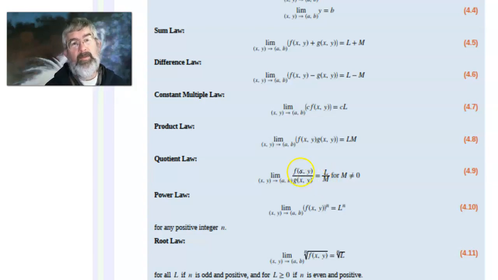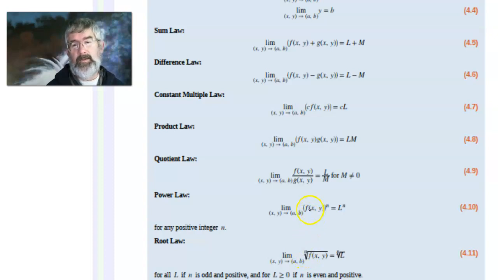But if L and M are neither of them 0, particularly if M is not 0, then this limit exists and it's the quotient of those two. This one is saying that you can take the limit of a function raised to a power and just raise the limit to the power. This is no different, it's just that you're taking roots, which is raising to a fraction power.